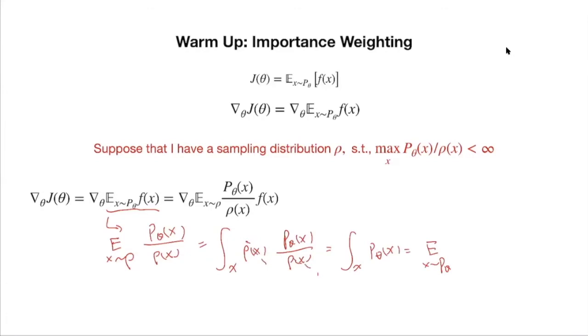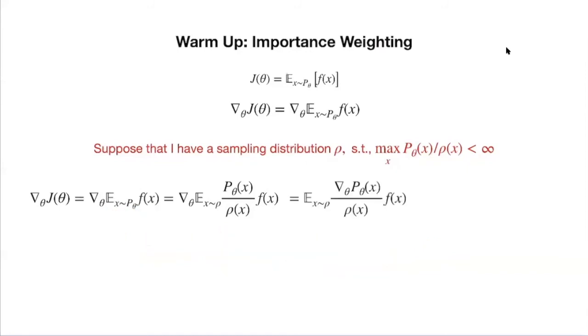Okay, so I do this importance weighting. Now I get an expectation with respect to my sampling distribution rho, instead of my distribution P theta, which is going to be optimized. Now I can just push the gradient inside the expectation because the expectation has nothing to do with my parameter theta.